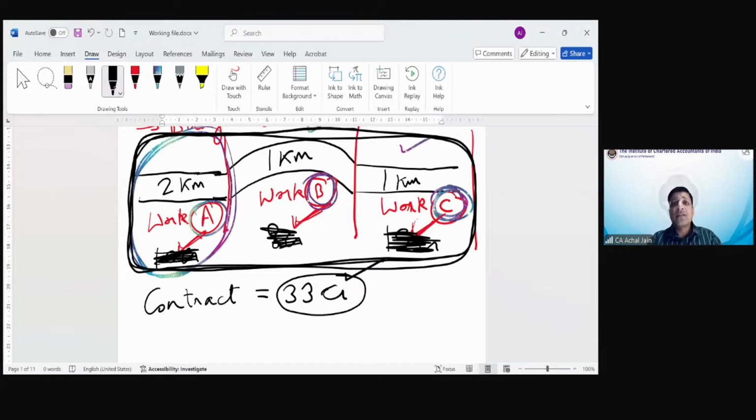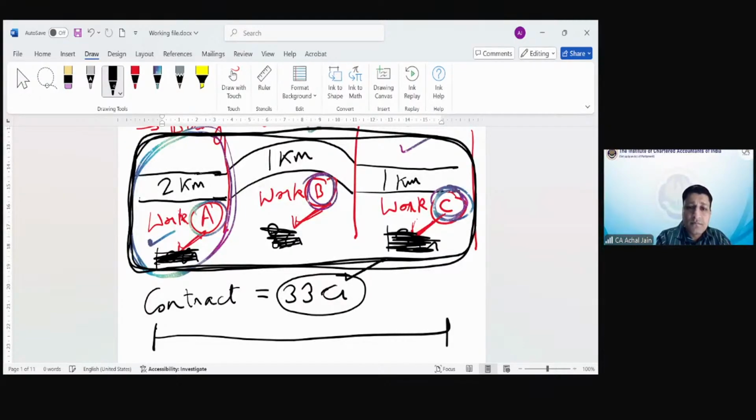But let's suppose we are in financial year 24-25, and up to 31st March 2025, only work A is completed. Means the entire work is not completed. Only work A is completed. Work B and C are not yet started.